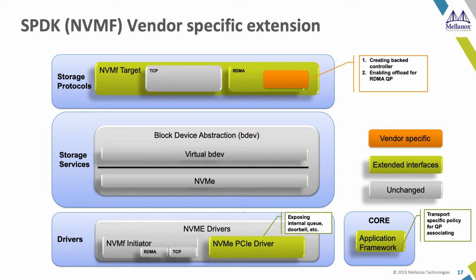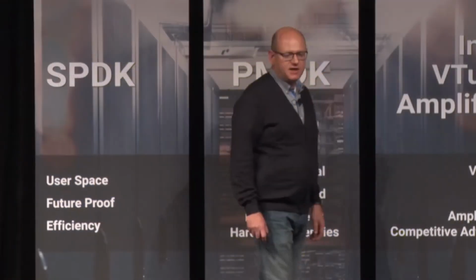And so at first, we have a special user space API for configuring our hardware. This API can be used in any kind of application, not only in SPDK. This API and the integration of its usage in SPDK, we call the vendor-specific plugin.